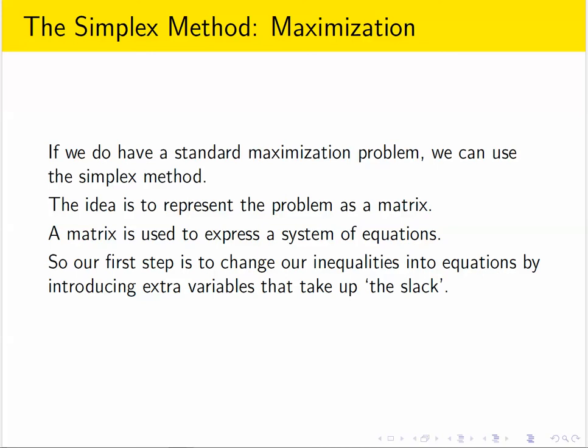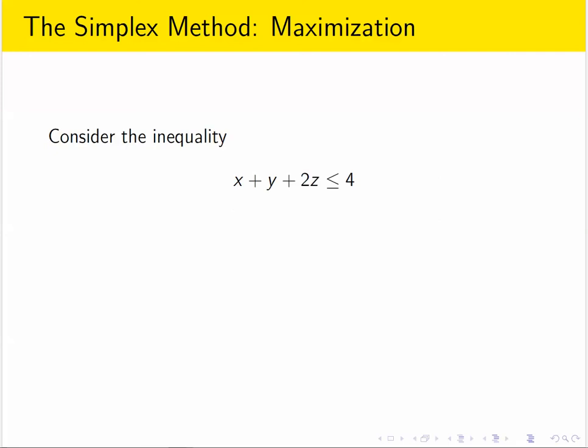And the way we do that is by introducing extra variables. These extra variables are called slack variables because we think of them as taking up the slack and changing the inequality into an equation. Here's what we mean. Consider this inequality. So this is saying that whatever number you get by evaluating the left side could be smaller than 4, right?